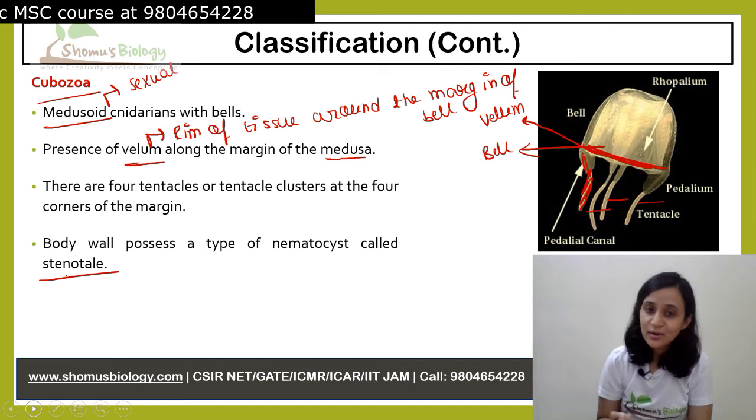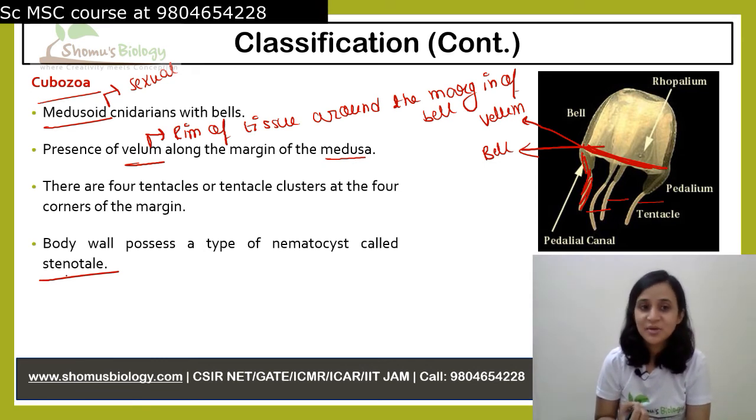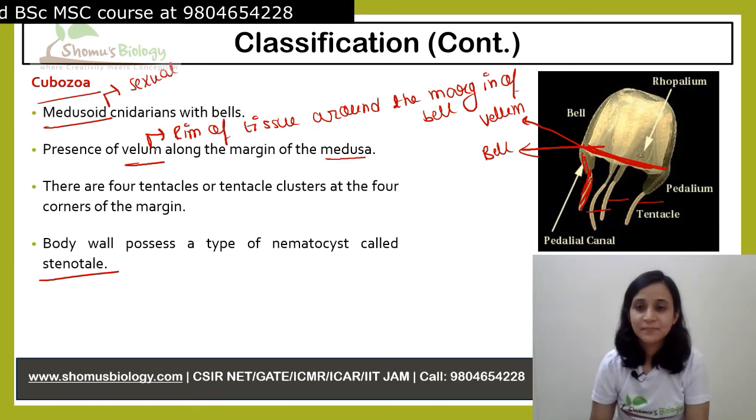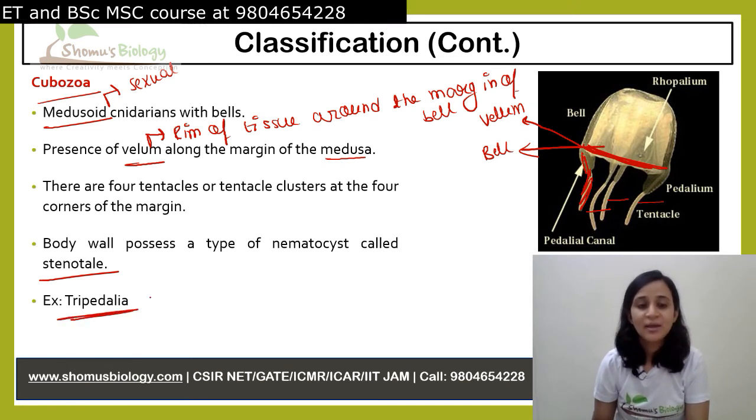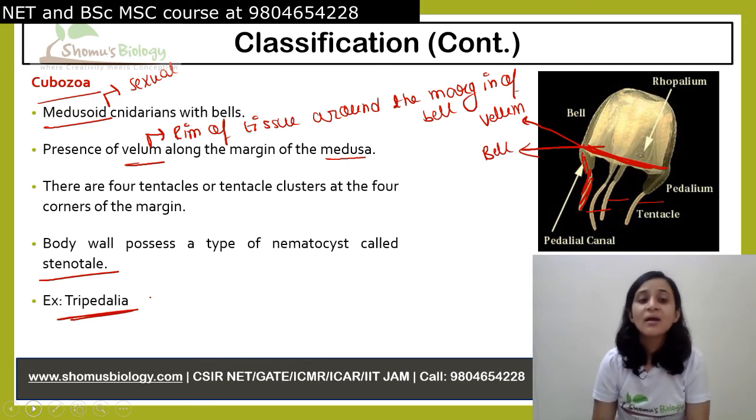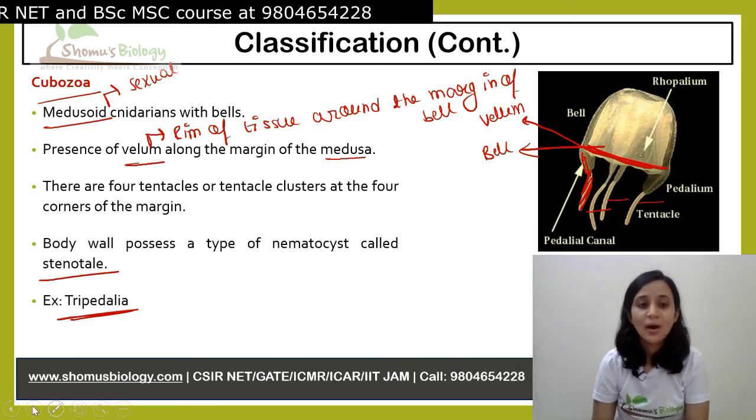So they have the nematocyst, and that is the special type of nematocyst, and that is called as stenotele. Example is Tripedalia. Tripedalia comes under the class Cubozoa.